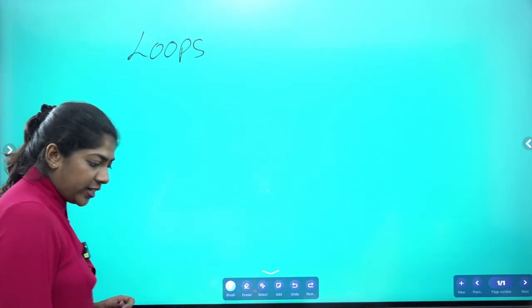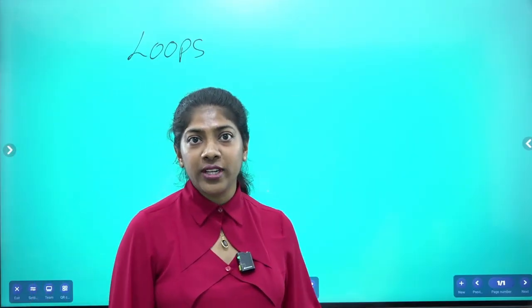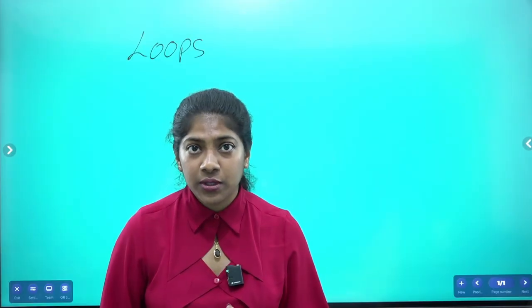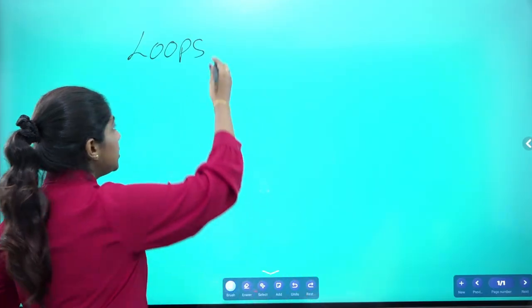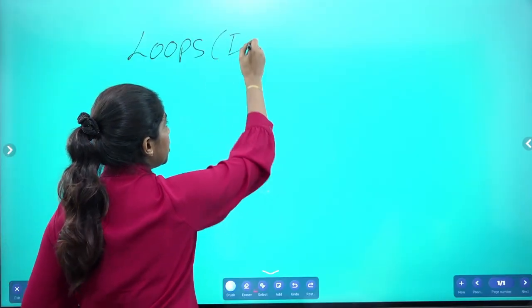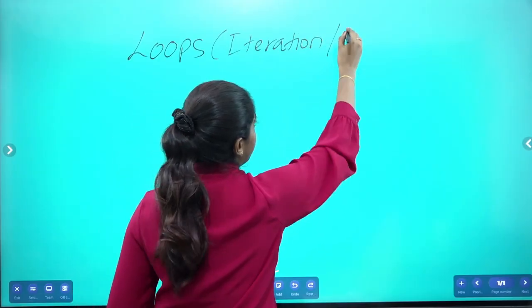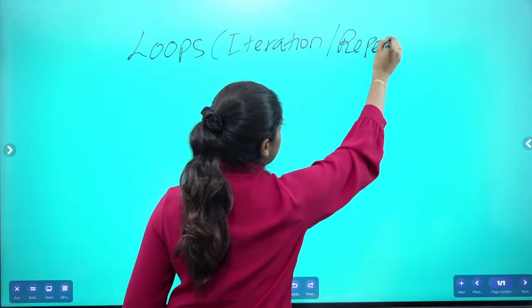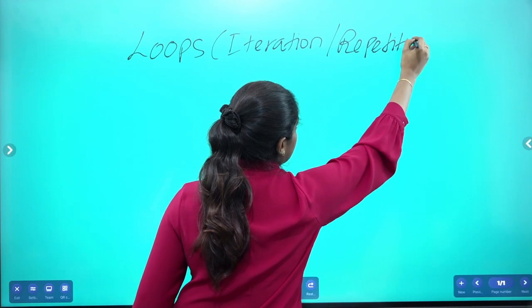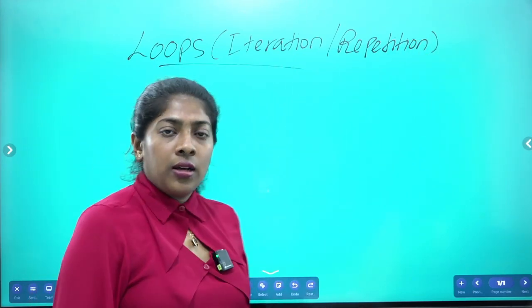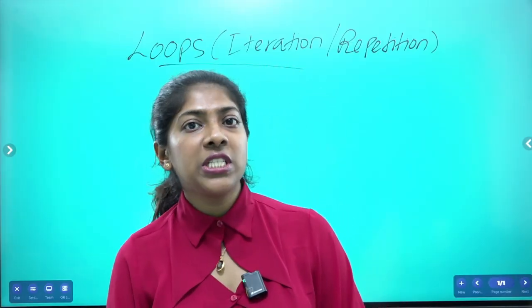So where do you find loops? In pseudocodes, right? When writing pseudocodes, these loops are very important. Loops, or else we call iteration or repetition. So tell me, what is a loop?